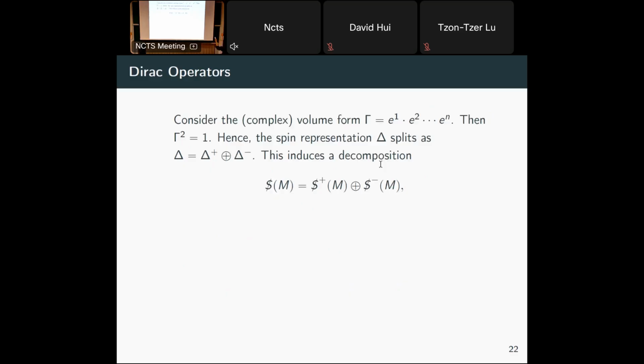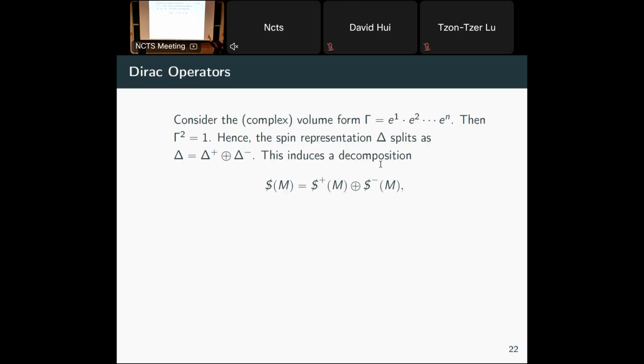Now the volume form: if you square it, so e1, e2, up to en, times e1, e2, up to en, and then reorder, you will see that gamma squared is actually 1. It means you have eigenvalues plus and minus 1, and the eigenvalue decomposition of your spin representation into the positive part and the negative part will decompose your spinor bundle as plus and minus.